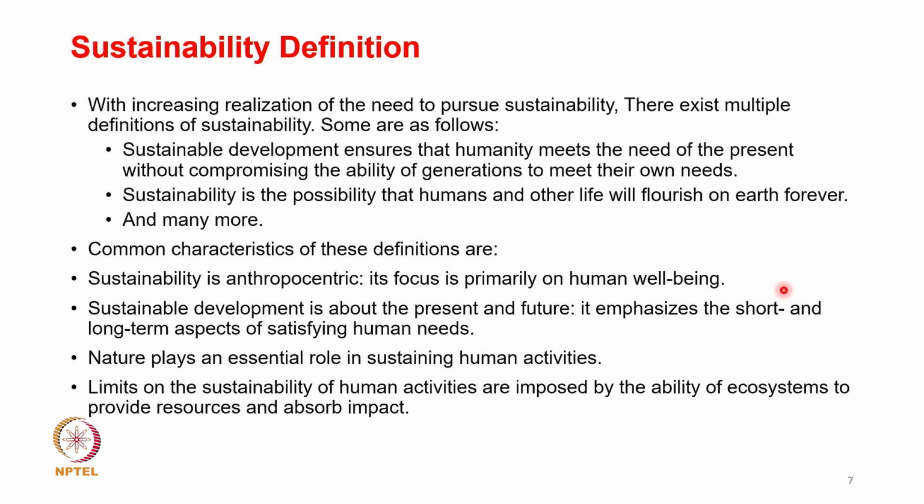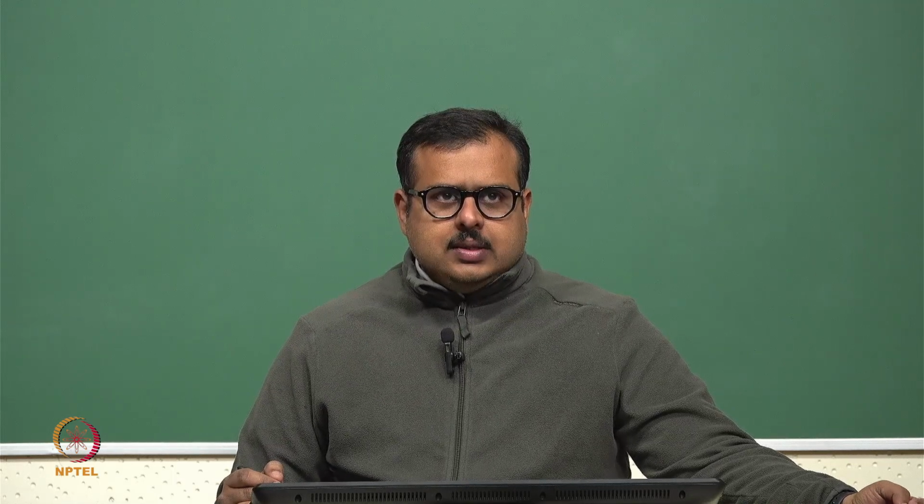Sustainability is always talking about human coexistence, not the other way around. Sustainable development is not only about the present, it is all about the future. It emphasizes short and long term aspects of satisfying human needs. And nature plays an essential role in sustaining human activities, and limits to such sustainability are imposed by the ability of the ecosystem to provide resources and absorb impact.